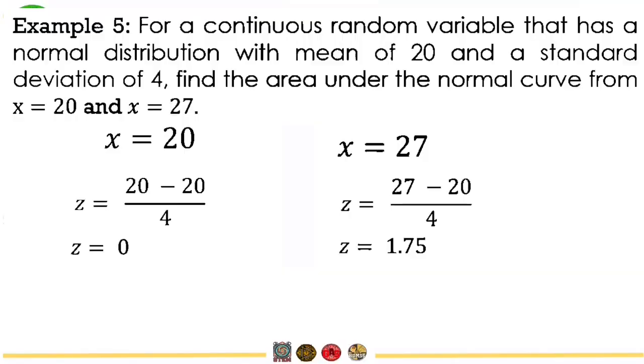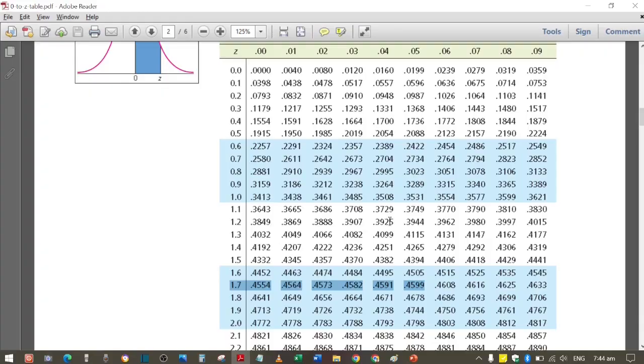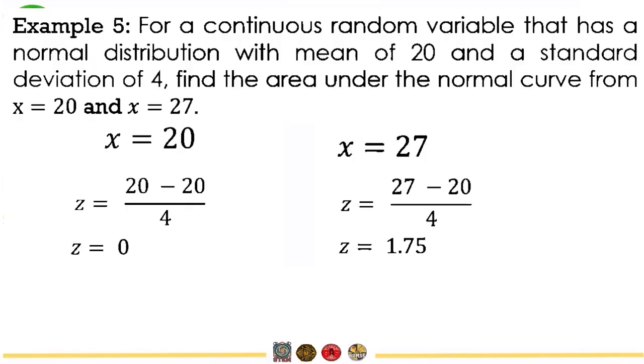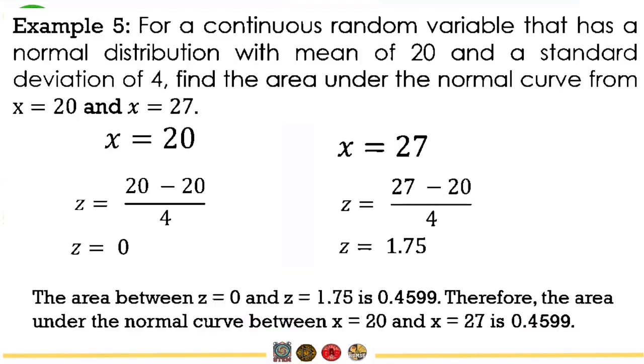Because you were asked to find the area under the normal curve from 0 to 1.75, you will subtract 0.4599 minus 0, so that you can get the area. Therefore, the area under the normal curve between x equal to 20 and x equal to 27 is 0.4599.